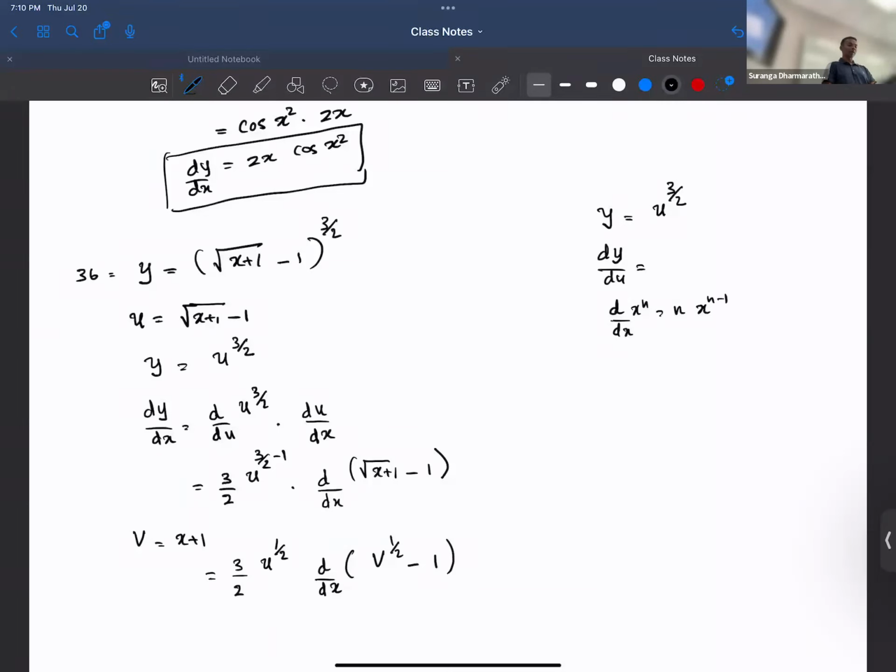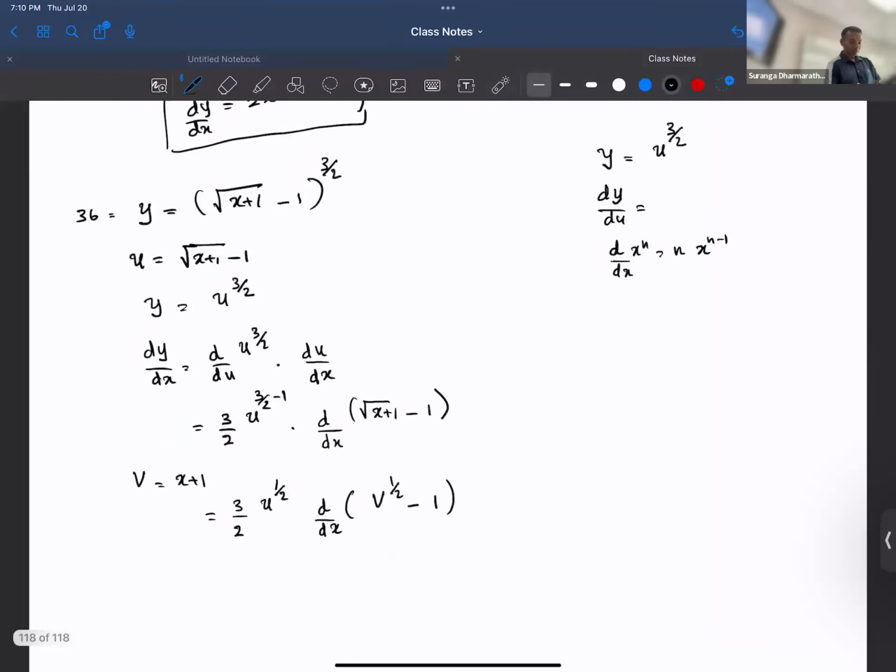Right? I'm going to apply chain rule again on this one. So you have 3 over 2 u to the power half. Now I can apply chain rule on this one, right here. How do I write the chain rule for this one?